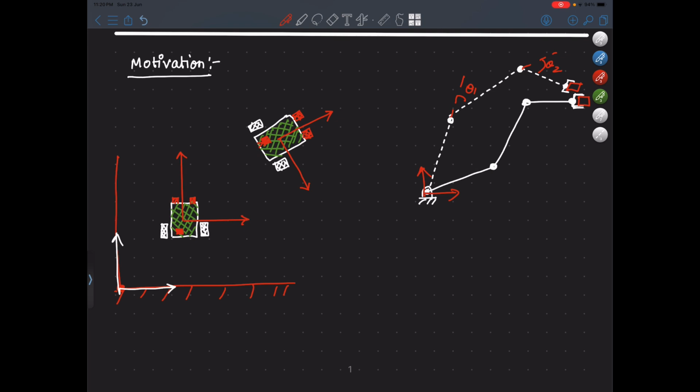So you can always do it geometrically, but what we are interested in is a formula which would directly give the position, if we know the values of theta 1, theta 2, etc. Sorry, this should be theta 3, theta 2, and theta 1.